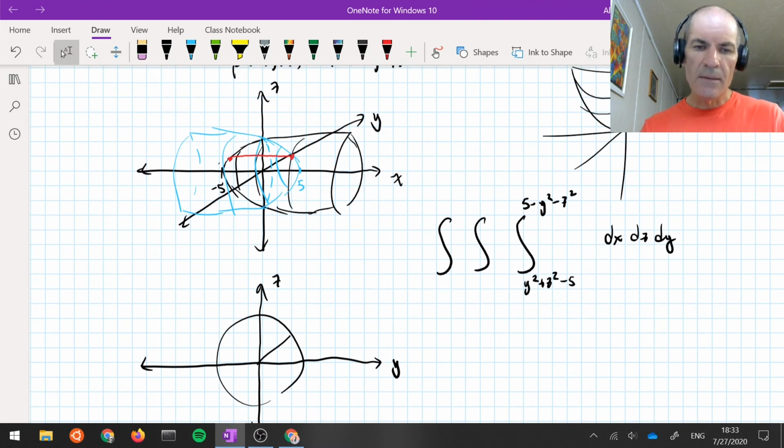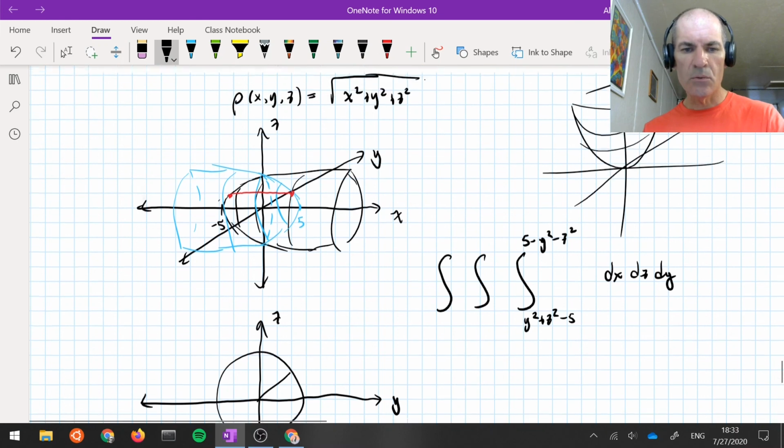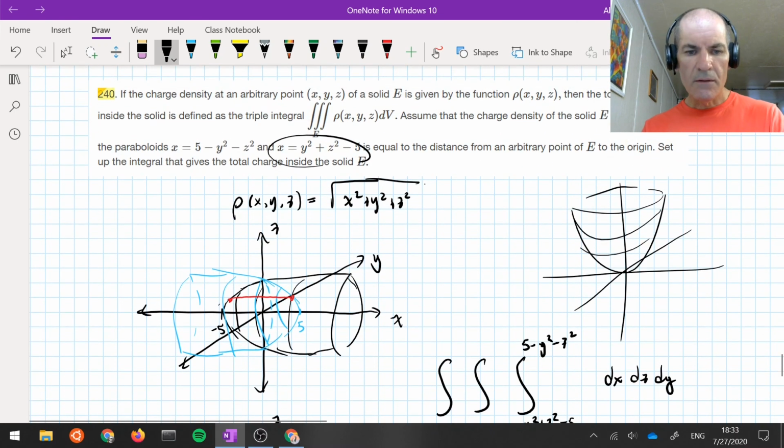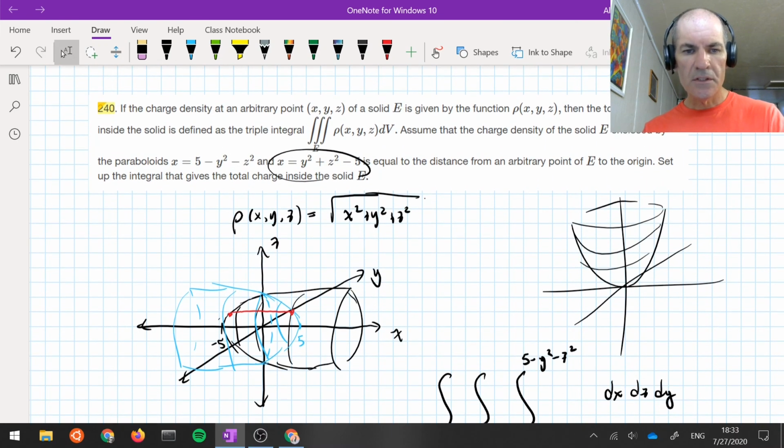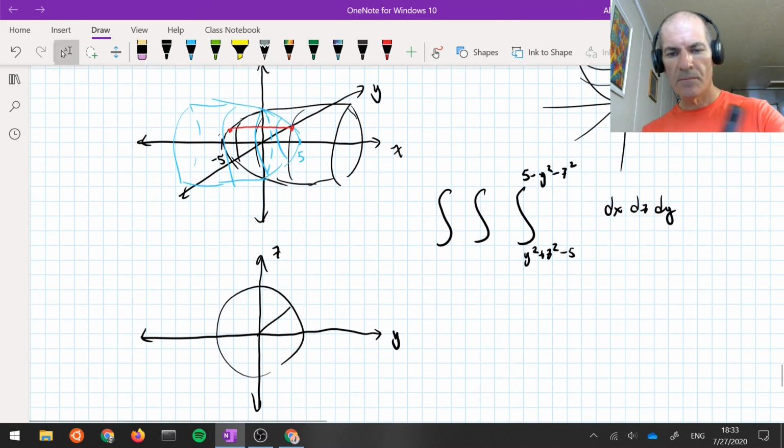Well, what we're talking about is essentially what we get by, say, taking the trace of the blue paraboloid with the YZ plane. We can get that by setting x equal to 0. If we set x equal to 0 here, we get 0 equals 5 minus y squared minus z squared.